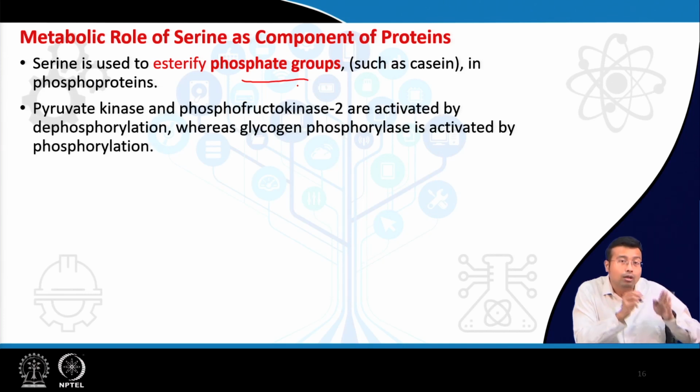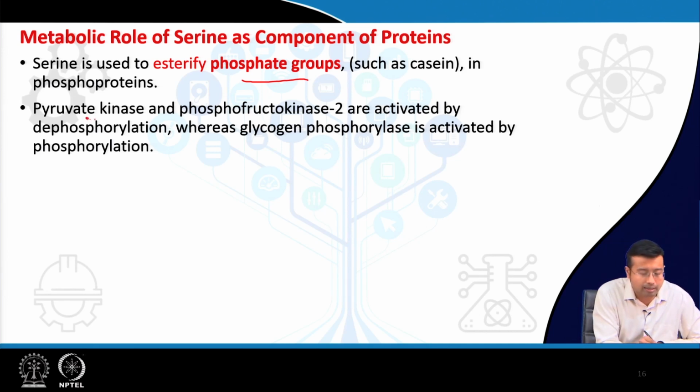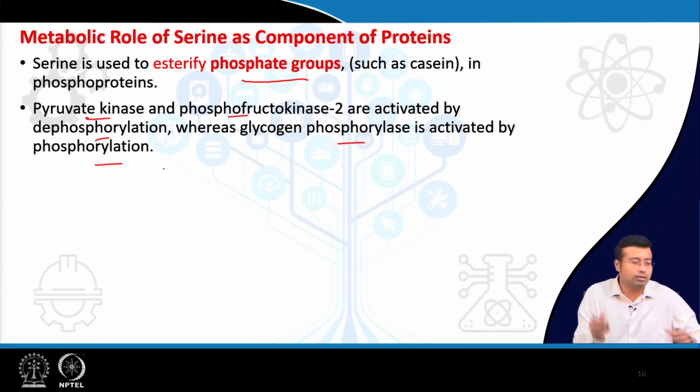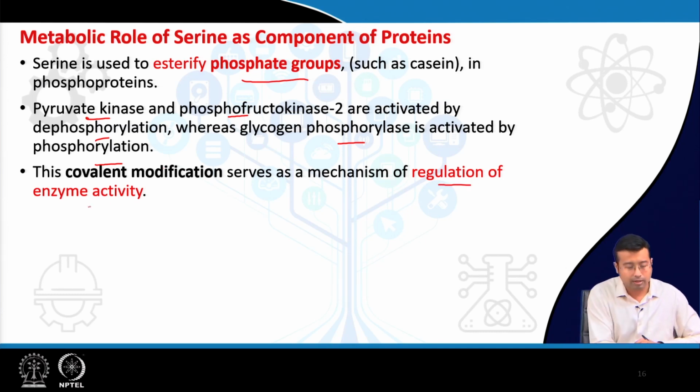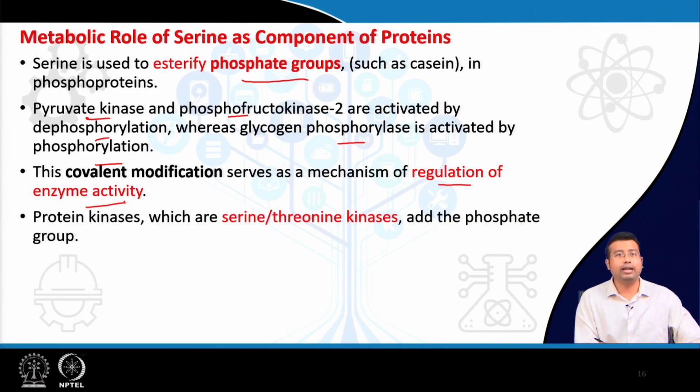We already know about the regulation of enzyme activity: certain enzymes are activated in phosphorylated form, certain enzymes are activated in dephosphorylated form. The anabolic enzymes are activated in the dephosphorylated form, the catabolic enzymes are activated in the phosphorylated form. This phosphorylation and dephosphorylation, the covalent mechanism we read in the very second class, is an important mechanism of regulation of enzyme activity, right.